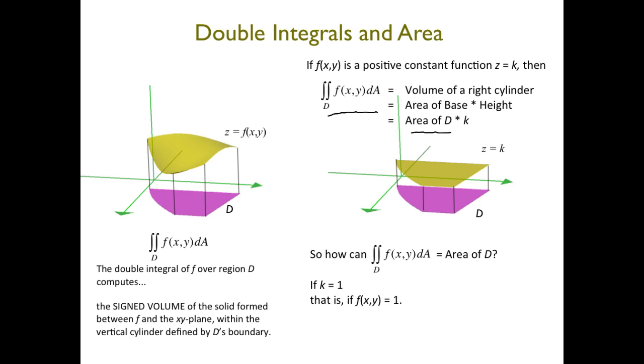You see that? So the double integral of just 1 times dA is not only the volume of the cylinder of height 1, but it has the same value as the area of the base. So this is a way we trick a double integral into calculating the area of an R2 region by making that function equal to 1. That's a really important concept.